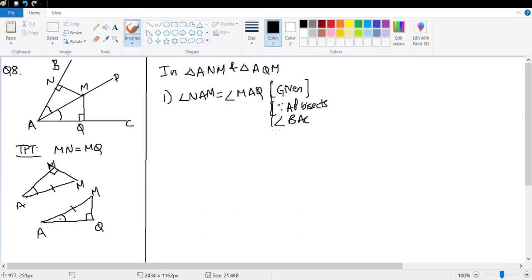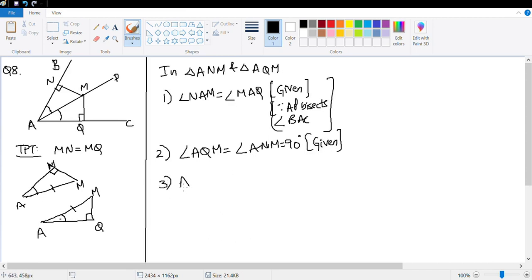So this is my reason for NAM and MAQ being equal. Number 2, angle AQM is equal to angle ANM is equal to 90 degrees. This is given in the question. And number 3, AM is equal to AM, which is my common arm.